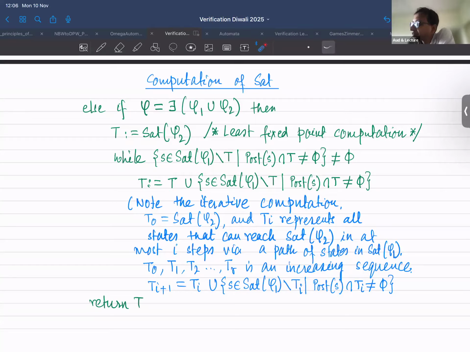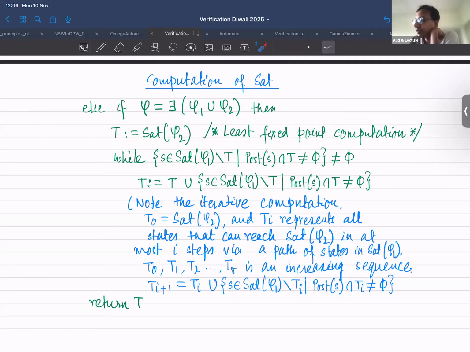And then you have post of S intersection T should not be empty, right? As long as you have such states, there exists such a state, that means that this whole set is non-empty.